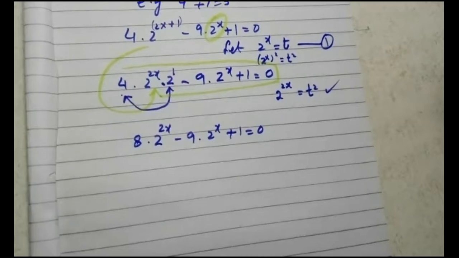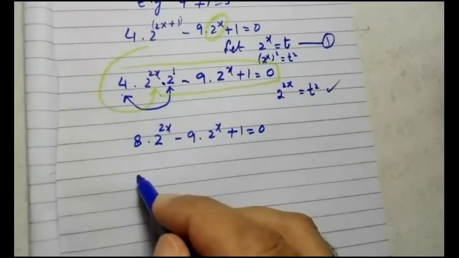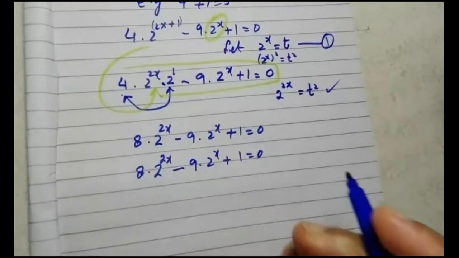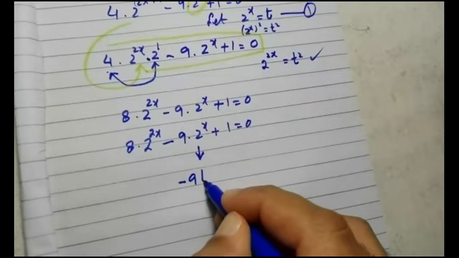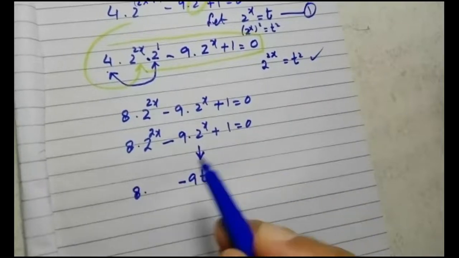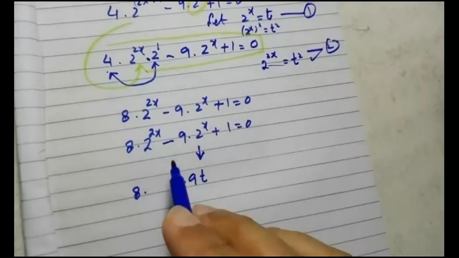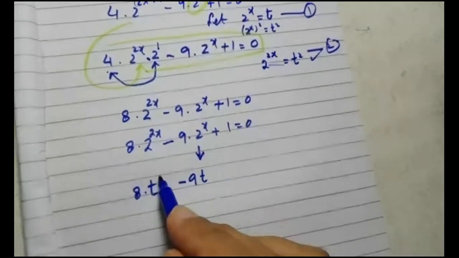By the multiplication, 8 times 2 raised to power 2x, 9 times 2 raised to power x. Now you are in a position to substitute the values. In place of 2 raised to power x, I would write t only, and in place of 2 raised to power 2x, I will substitute from equation number 2, that is t square, plus 1 equals 0.